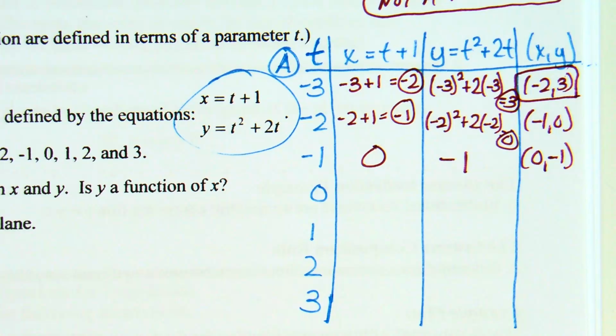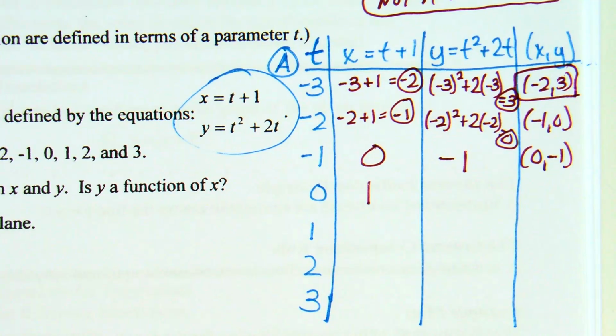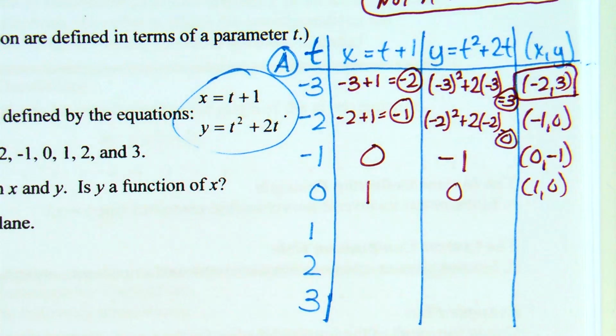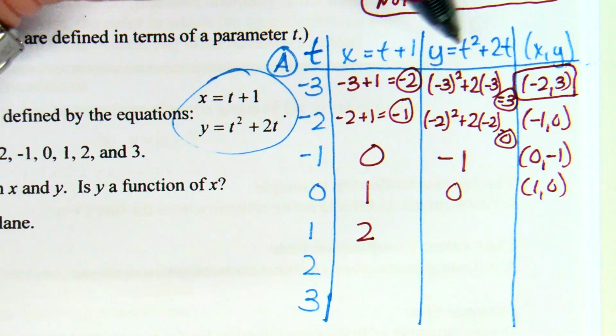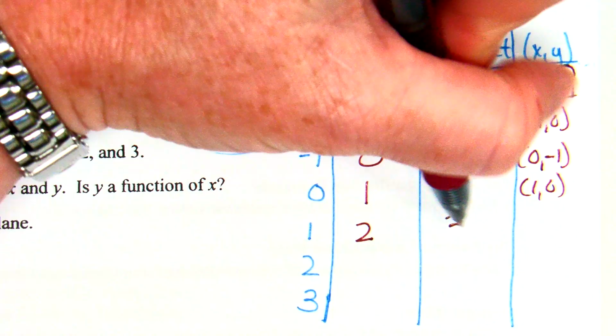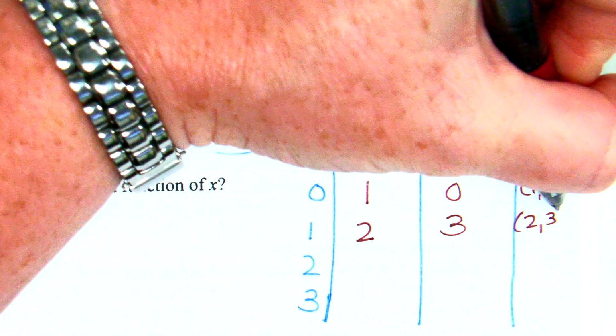Put in 0. 0 plus 1 is 1. 0 squared plus 2 times 0? 0. Ordered pair? 1, 0. Put in 1. 1 plus 1 is 2. And 1 squared plus 2 times 1. 3. Ordered pair? 2, 3.